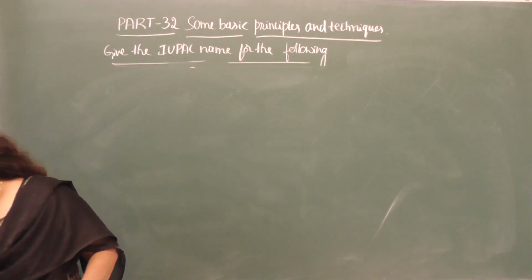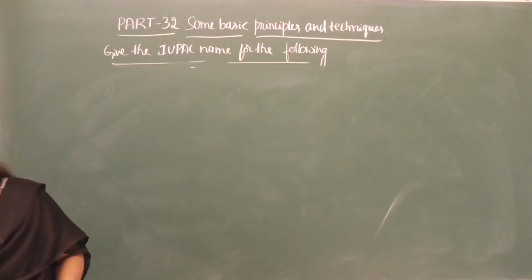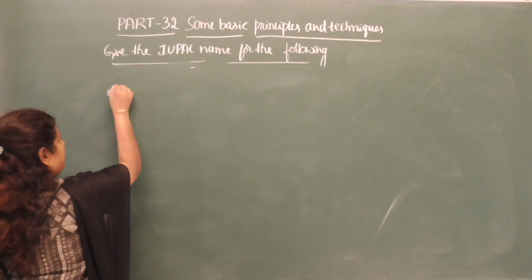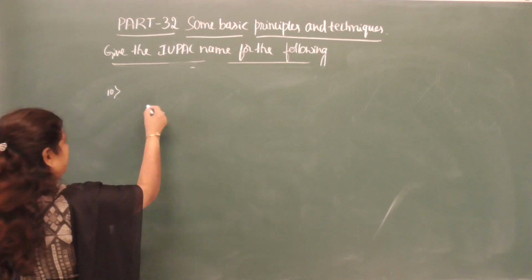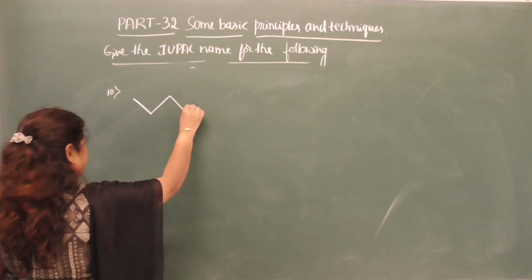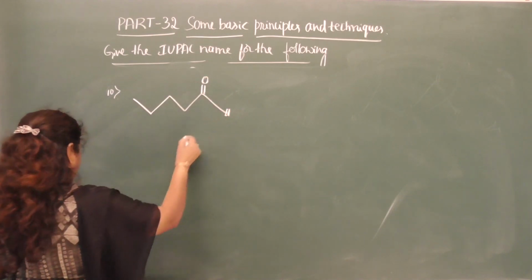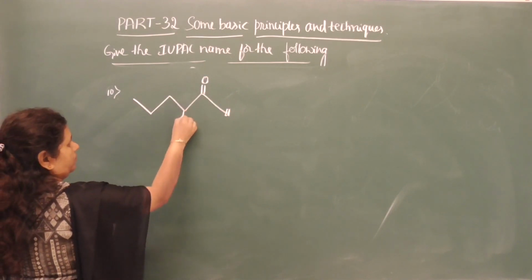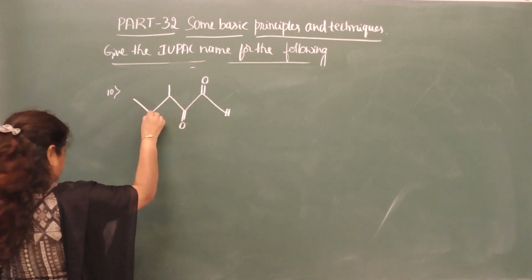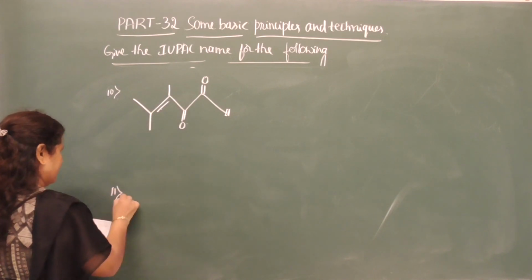So move on to the next number, next bond line formula. It is the 10th one. Write down the eleventh one.